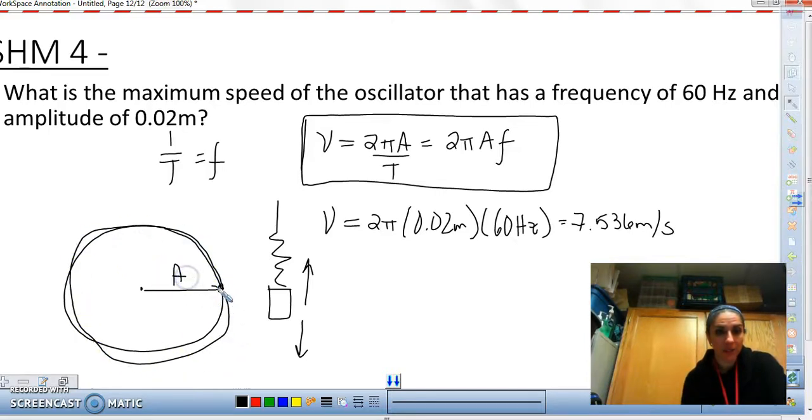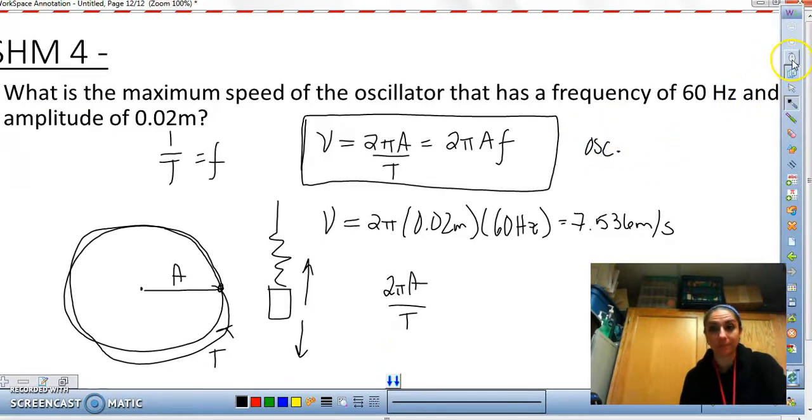So A represents this. T represents how long it takes to make that circle. And notice if we were going to look in this phase space, it would be 2 pi A for the distance, and then of course the velocity has to have a timing feature, and that's the time it takes to go around. So that's where this kind of came up in terms of the equation right here. So this can work for oscillations, which is very helpful too.